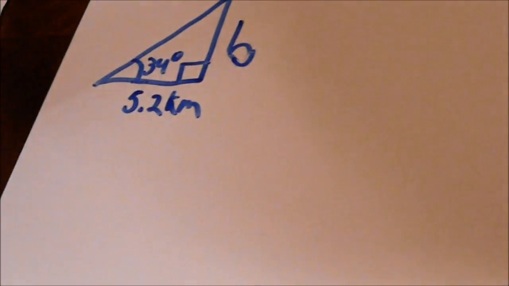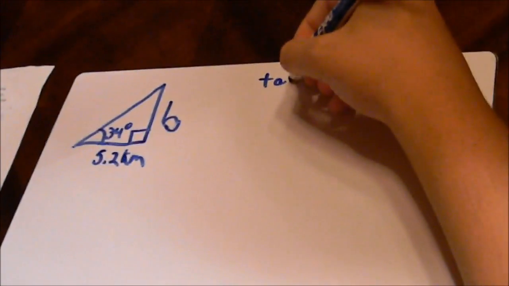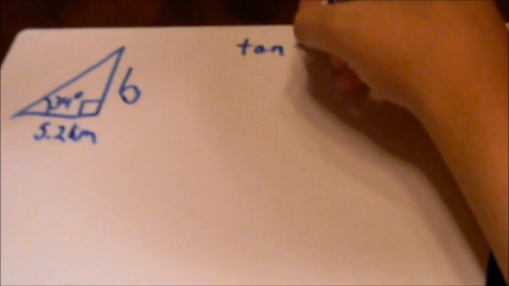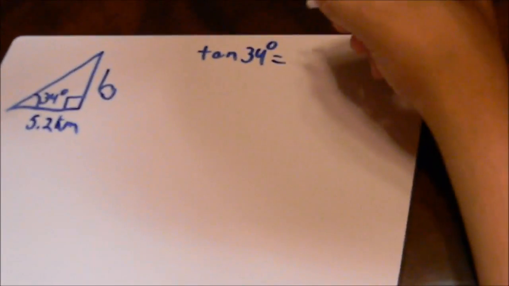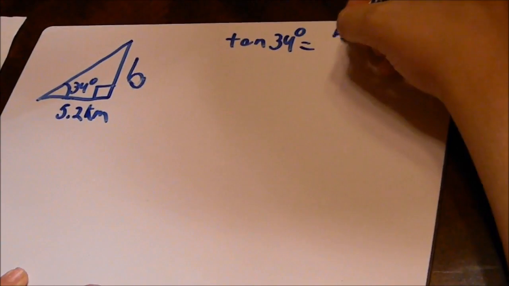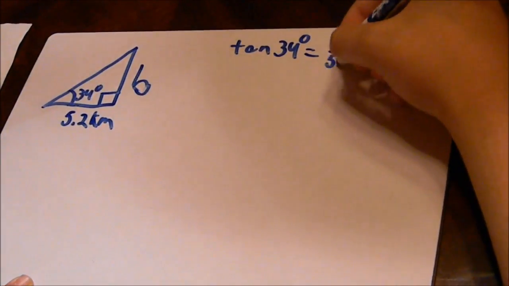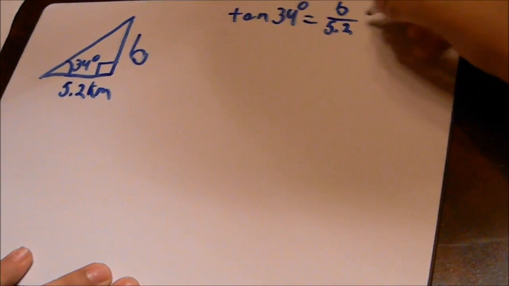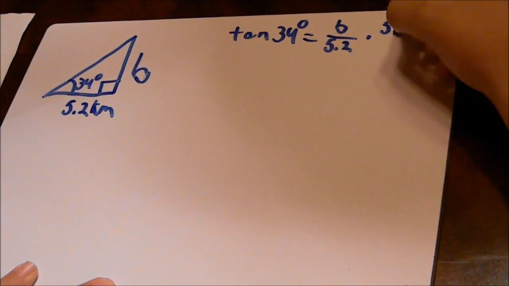So we're going to start off by setting this up by tangent, since we have the opposite and the adjacent sides. So it's going to be tangent of 34 degrees, and that's going to equal opposite over adjacent. So it would be B over 5.2. In order to get the B by itself, we're going to have to multiply both sides by 5.2.